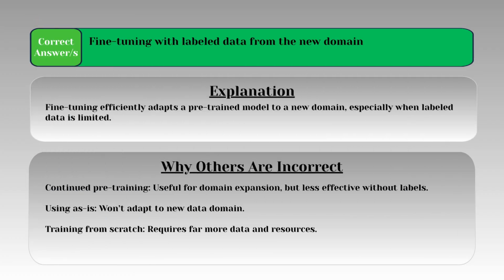Explanation: fine-tuning efficiently adapts a pre-trained model to a new domain, especially when labeled data is limited. Why others are incorrect: continued pre-training, useful for domain expansion, but less effective without labels. Using as is, won't adapt to the new data domain. Training from scratch requires far more data and resources.